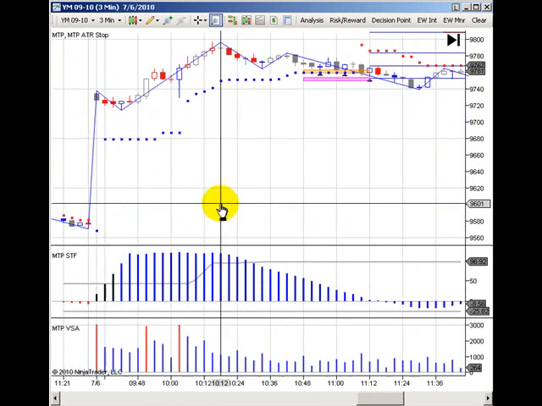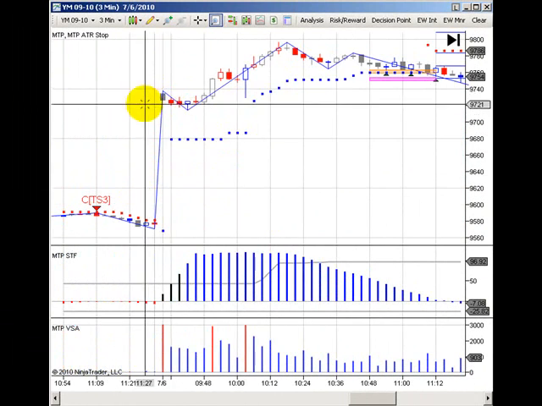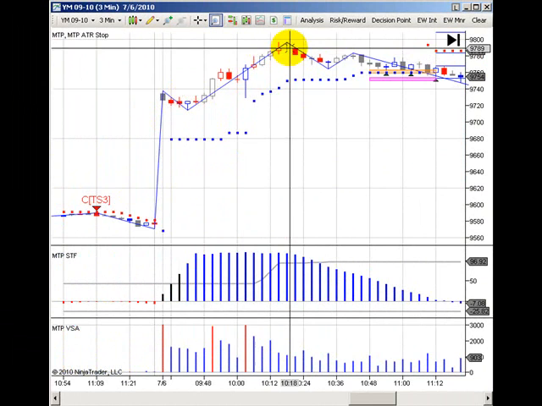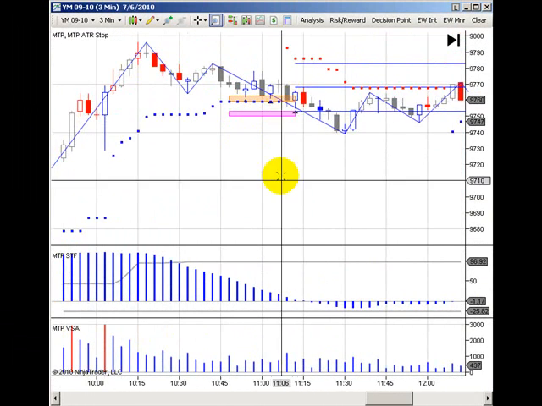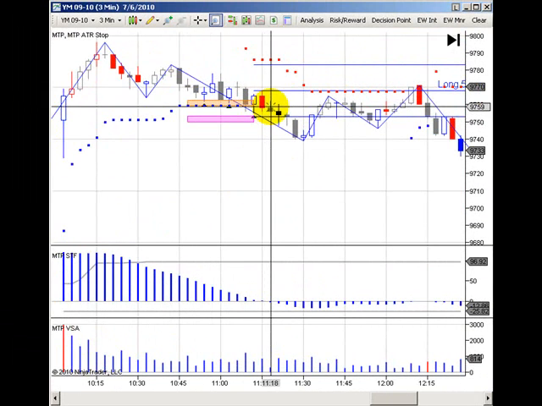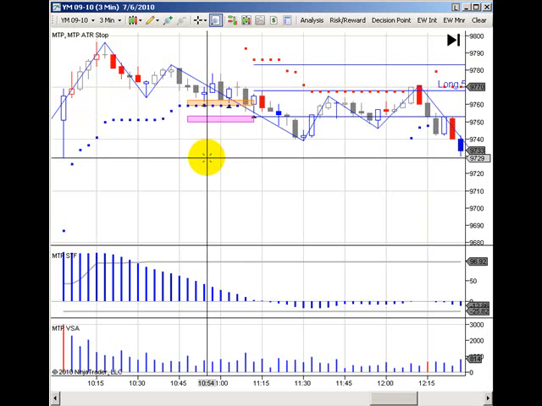We had the big gap up. We had already run the ATR up in here, and are we really looking to go long here? Well, probably not. So at the time with the client, I said, based on that, I wouldn't be looking to go long at this point. I would rather look for a short setup.